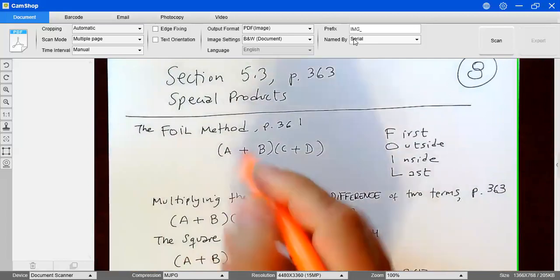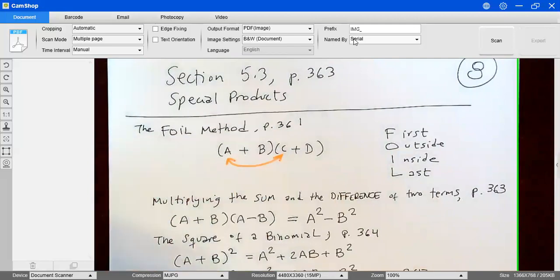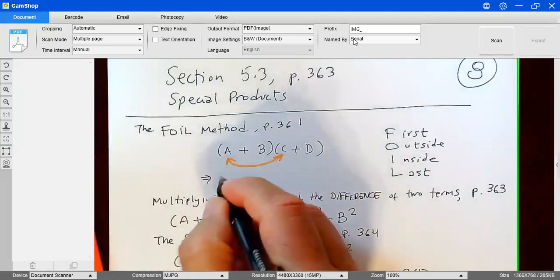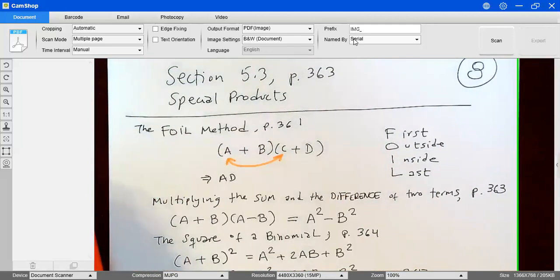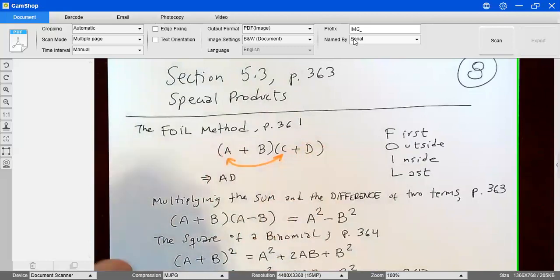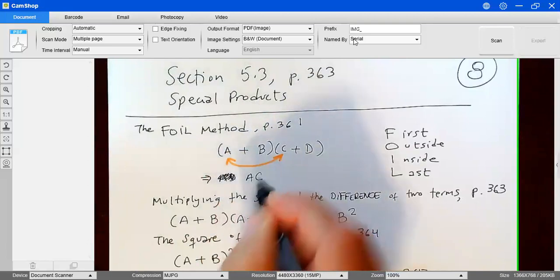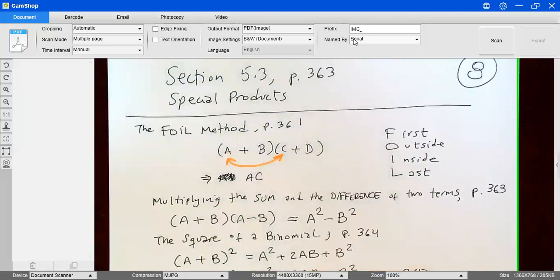If we multiply first terms first, we're going to get A times C. So this method is only for binomials. Sorry, A times C. Those are the first terms.